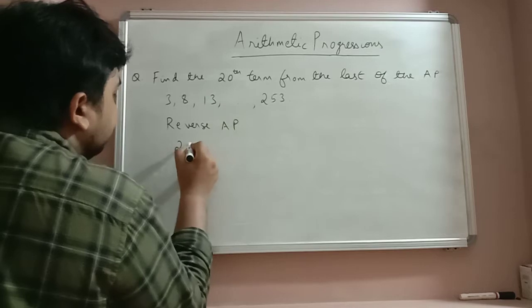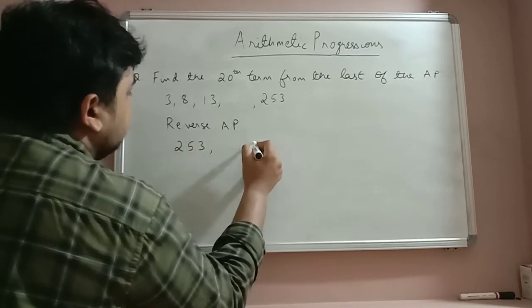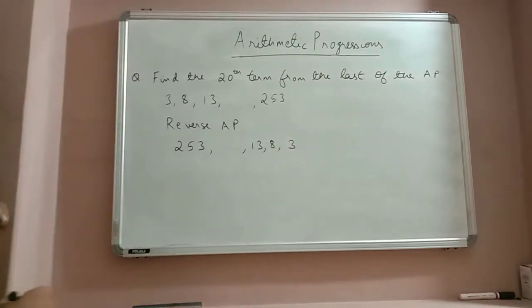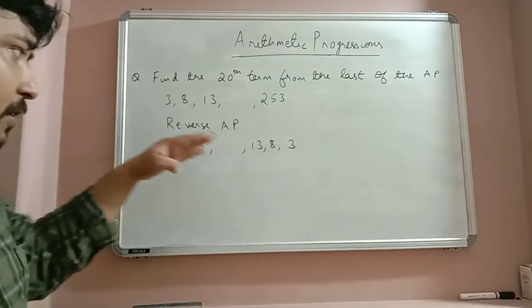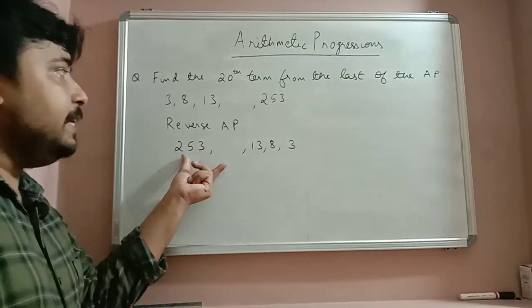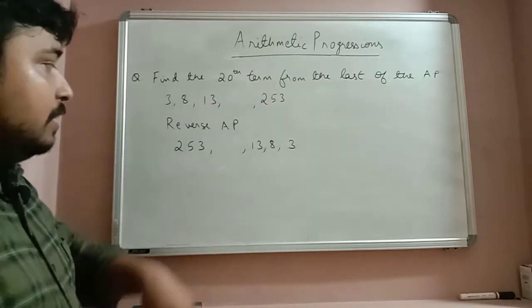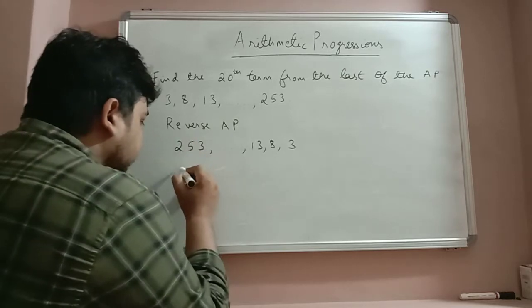So my reverse AP will be 253 and it will end at 3. It will start with 253 and it will end at 3. Now the 20th term of this AP will be the 20th term from the last of the given AP. So let me write down the A and D based on this AP.